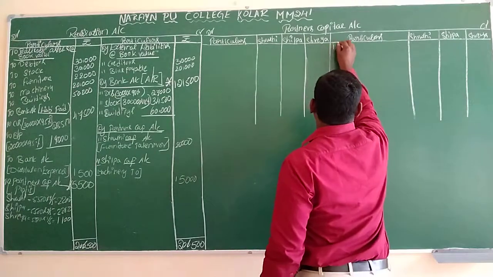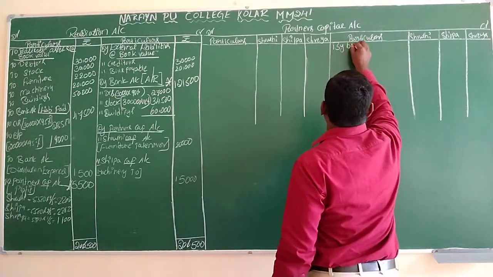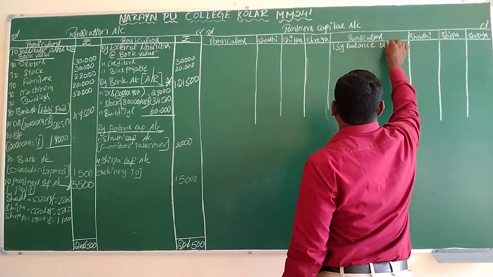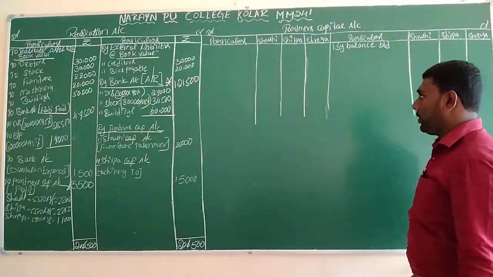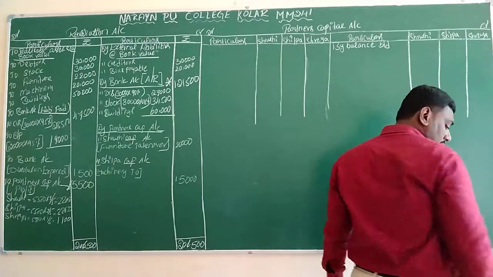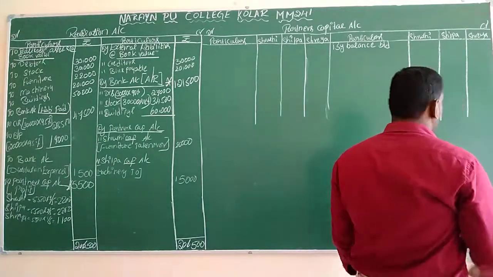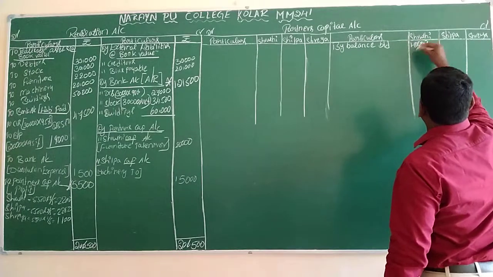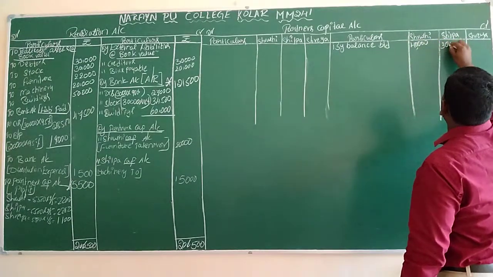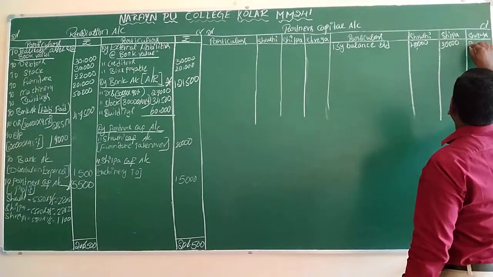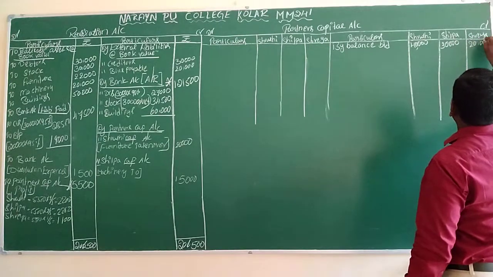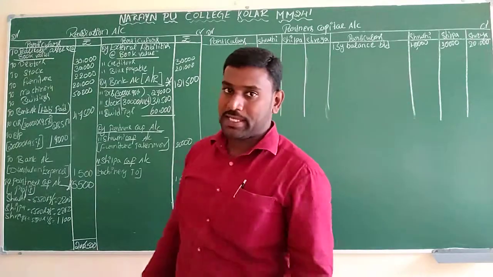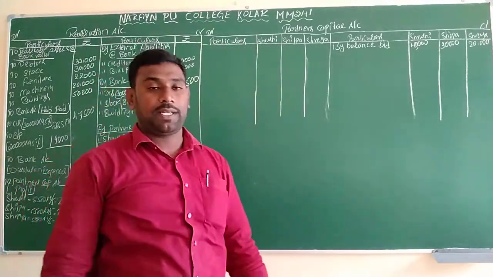We should write it as balance brought down. In the balance sheet they have given the opening balances: 40,000 for the first partner, 30,000 for the second partner and 20,000 for the third partner.